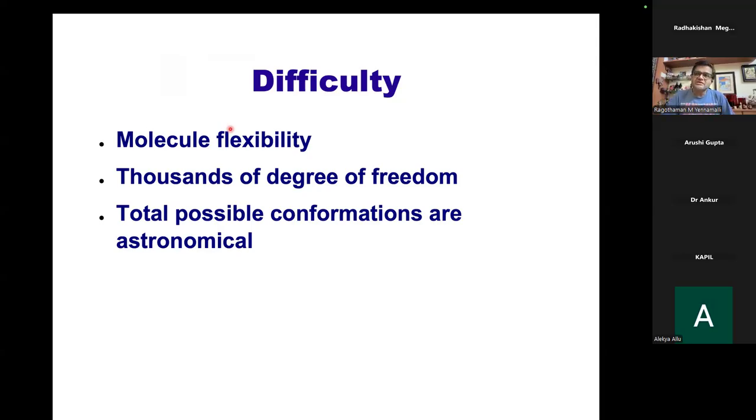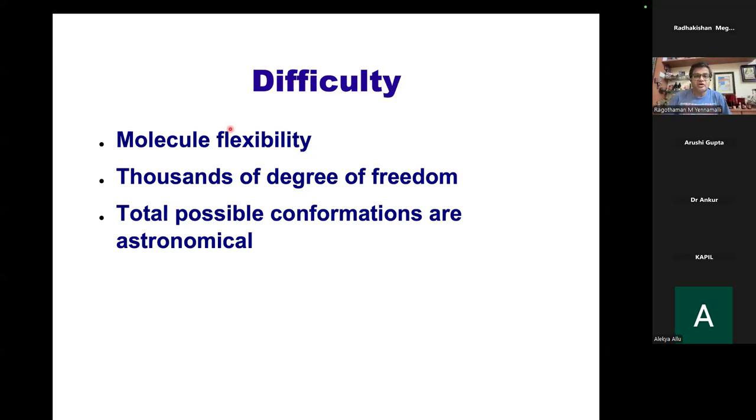So this goes against all the textbook knowledge, high school and lower undergraduate knowledge, where we talk about proteins being present in only one particular conformation. That's not true. So even if you take an X-ray crystallography structure, even though we see only one structure in the X-ray file, in the PDB file, you can generate thousands of conformations because that one structure is an average of all the molecules that were there in that particular crystal.